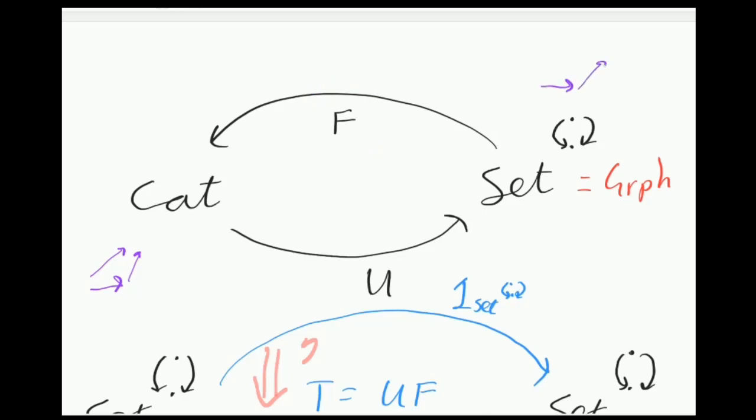If we operate F on a graph, for example this one here, we get a category. Now the objects of that category are the same as the vertices of our graph, and then the arrows of this category correspond to all of the walks, or composable strings of directed edges, that we can form in our original graph. Okay, so we have these length 0 walks which correspond to identity arrows, and also going along this edge forms a walk.